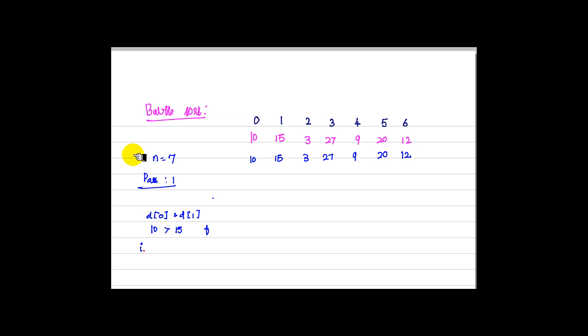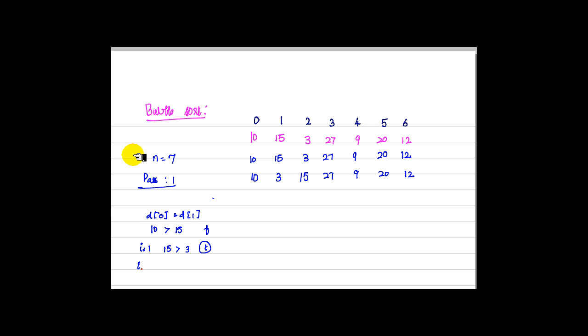Now i gets incremented to 1. We check the element at position 1: is 15 greater than 3? Yes, it is true. We interchange only if the condition is true. So we interchange 3 and 15, the elements get swapped, and the rest of the elements are retained as such.